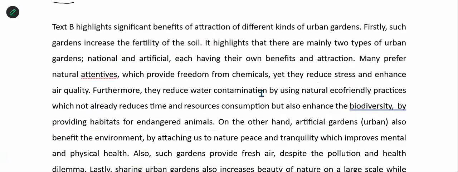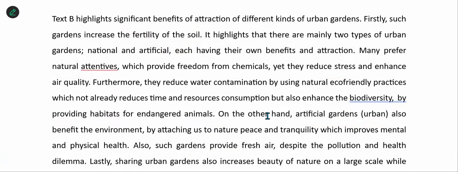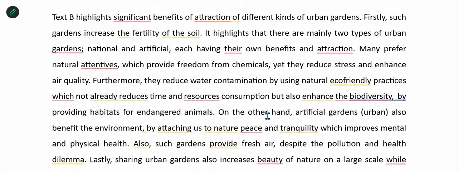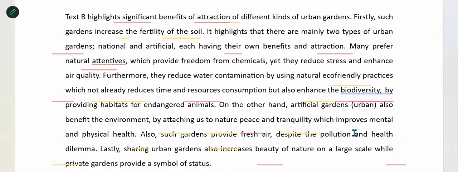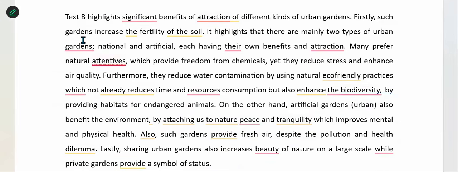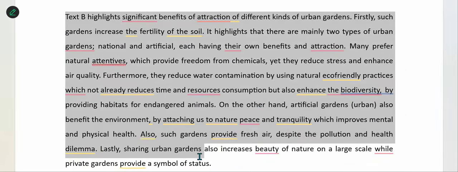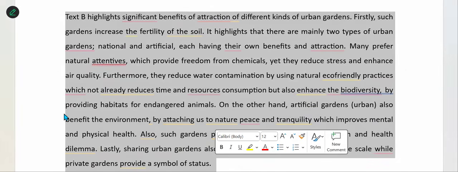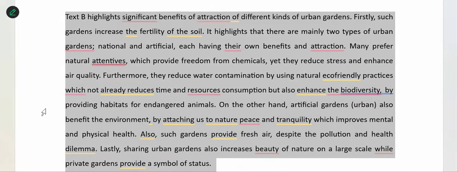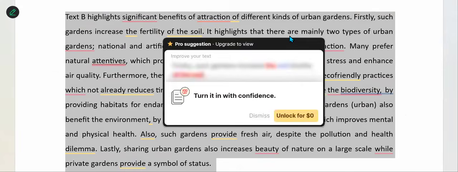For example, this is a sample summary paragraph. This is the summary written by a student, the response given, and it has almost 147 words. You can see the red lines.